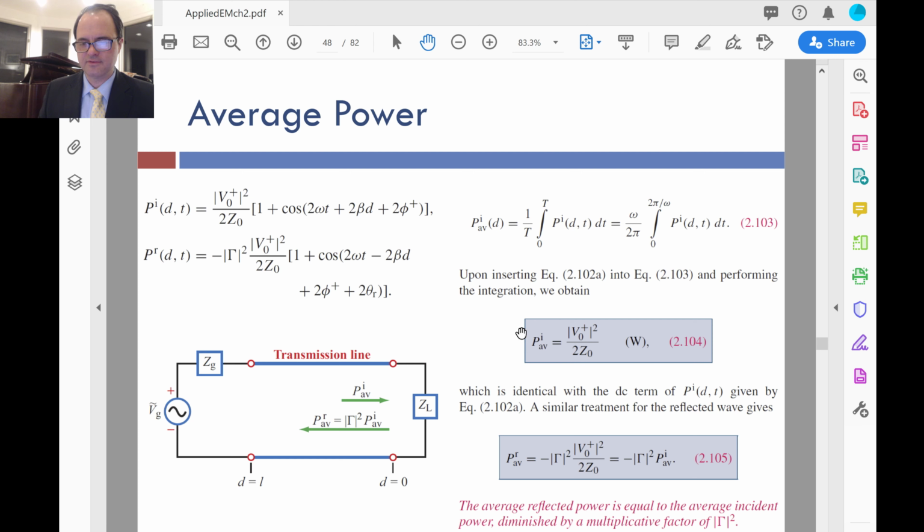And so we get this for the incident power. And we get that incident power term, but multiplied by the reflection coefficient squared, magnitude squared. The minus sign means it's going in the opposite direction. So the reflected power is equal to the average incident power, but diminished by a multiplicative factor of gamma squared.